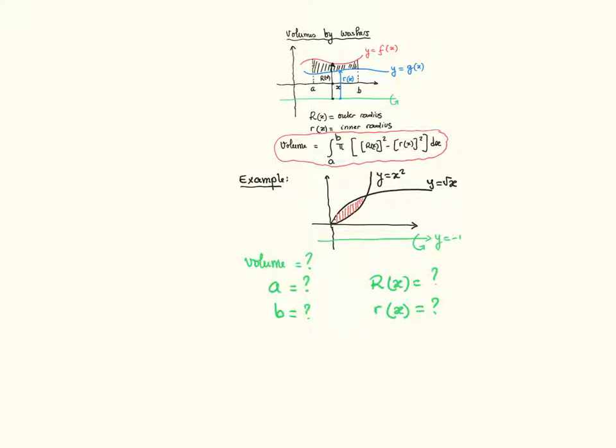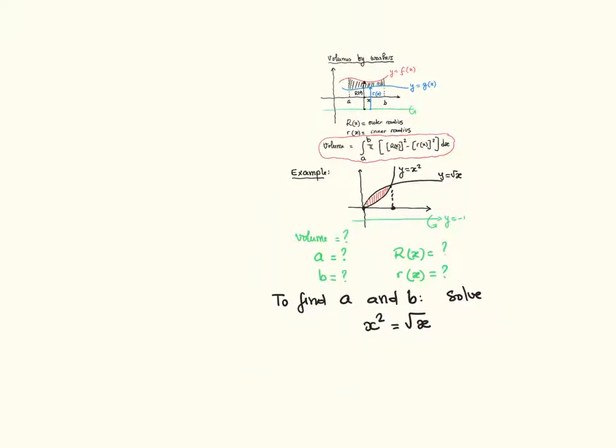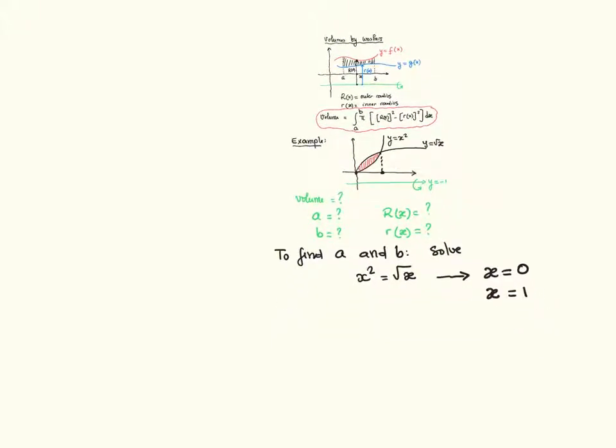Okay, to find A and B, well, because A and B are the intersection of the two curves, then we need to solve x squared equal to square root of x. And by solving this simple equation, we will find that x is equal to 0 or x equal to 1. So A is 0. Yeah, so this is the A and this is the B.